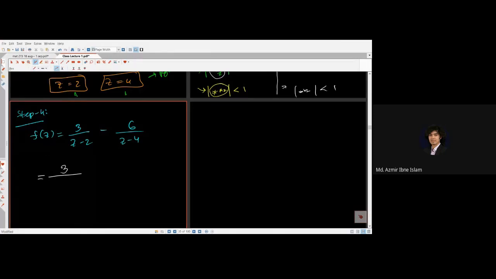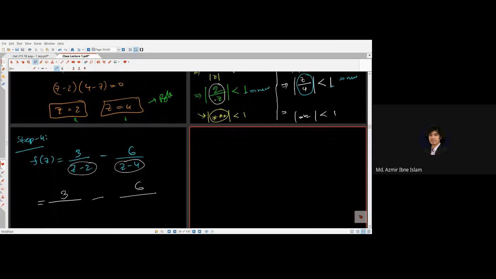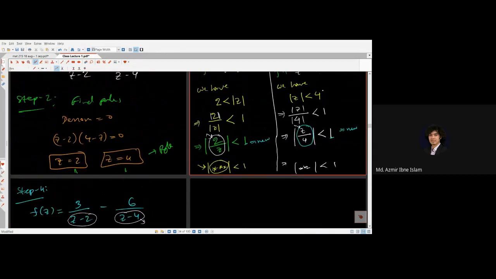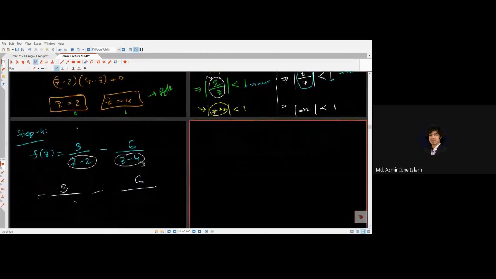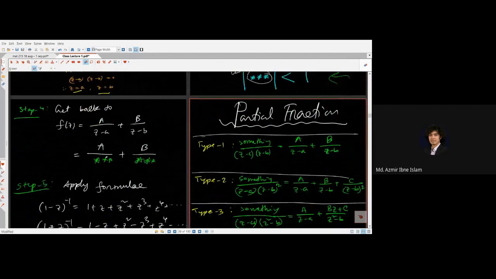I have mentioned in step 4 that these parts should be replaced by the new regions. Since we have 4 here, we have to focus on this region because it contains 4. So we have to rewrite this one, rearranging based on the new region.